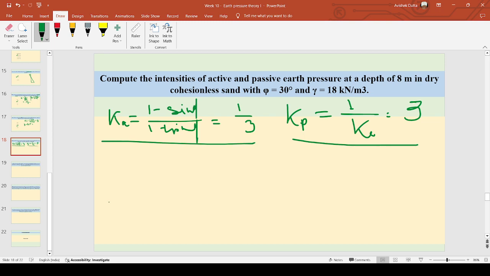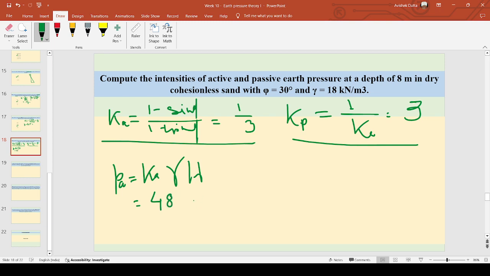Using this I'll first find the intensity of active earth pressure, that is Ka gamma H, that is 1 by 3 into 18 is 6, into 8 is 48.